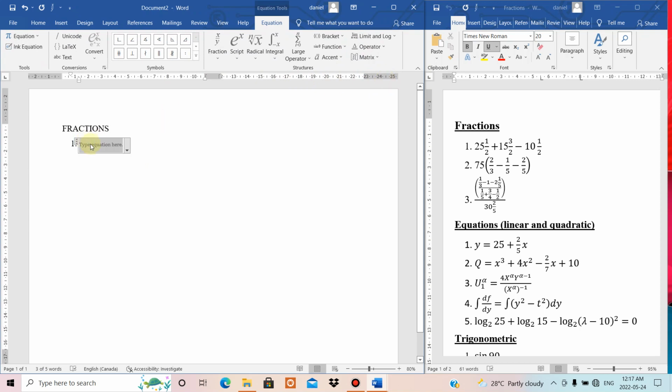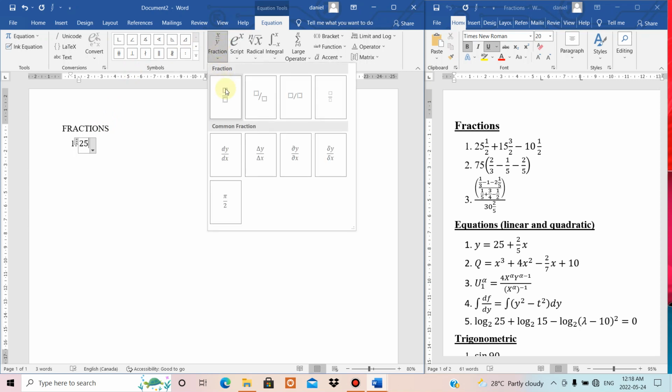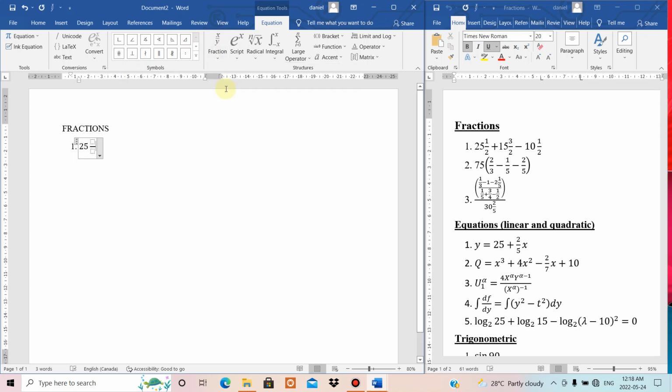Now, the first is 25 whole number 1 on 2. So I'll first type the 25. I need a fraction, so I'll click on this fraction and click on this stacked fraction. So this is how it's going to appear. You make sure where you are about writing in has a shaded region. That will indicate that that portion is where you are going to write in.